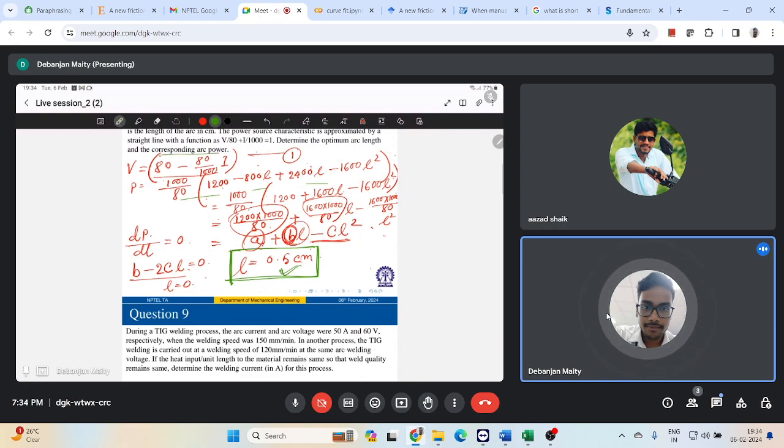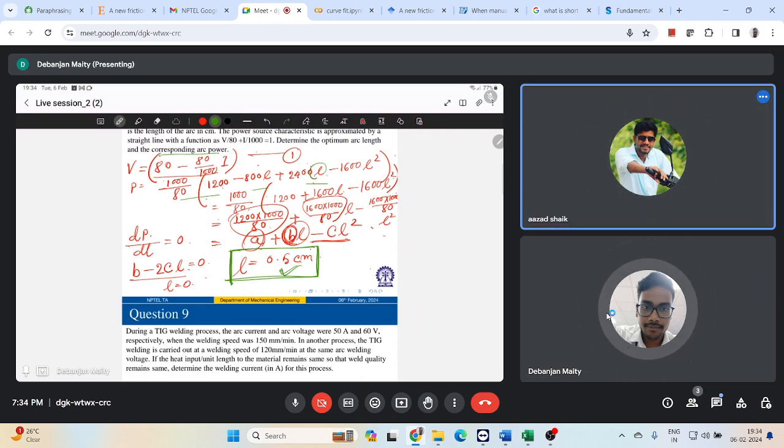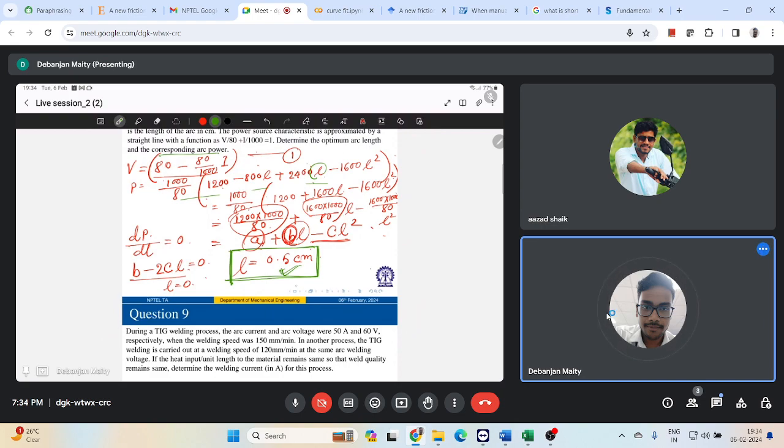My power is a function of length, right? I get the optimum length as some 0.5 cm, and you put it in this function to get the optimum power. So my P optimum should come around 20 kilovolt ampere.